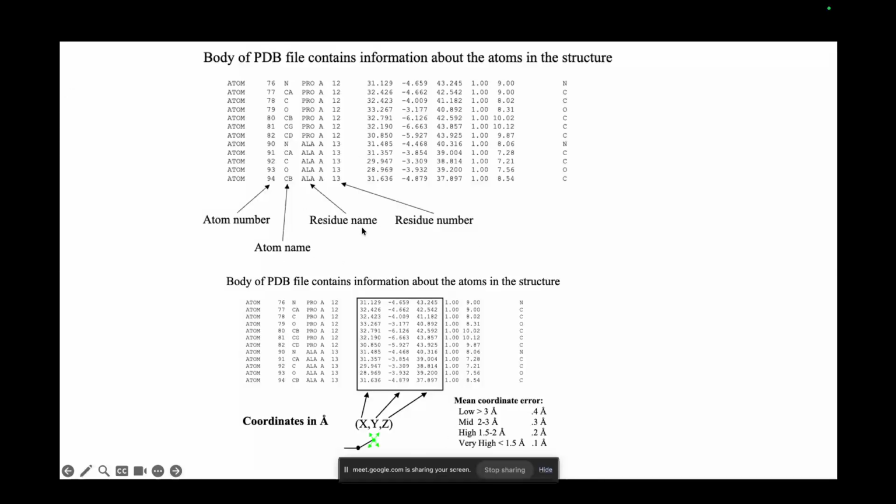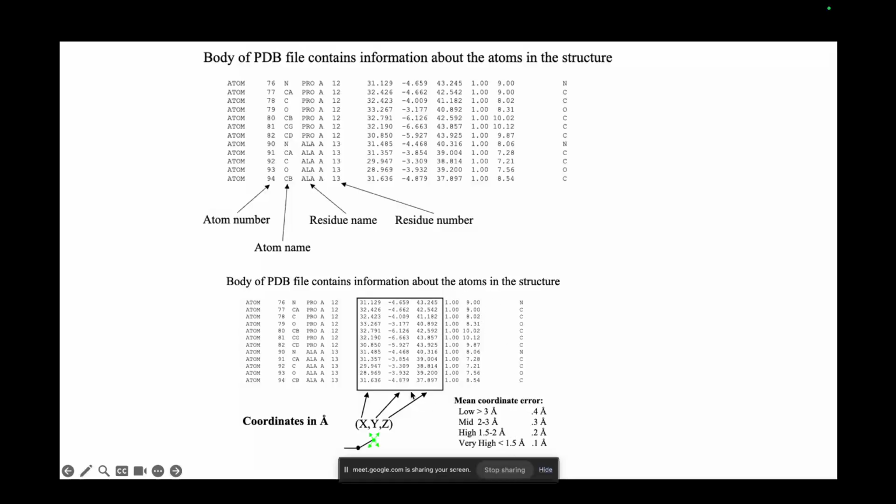Again, this is, I think, a different file, but it is describing the same thing. This is the atom number, this is the atom name, this is the residue in which the atom is located, and this is the number for the residue. These three are the XYZ coordinates in this case, and then you have the occupancy and the temperature factor.